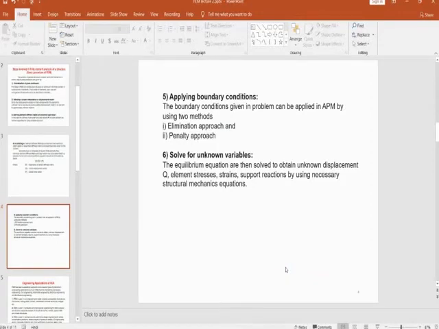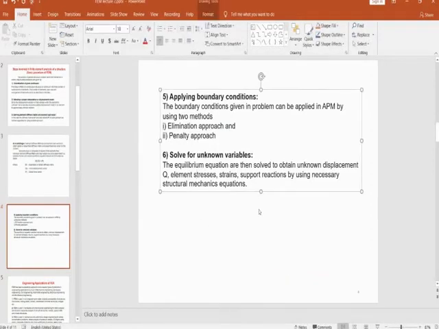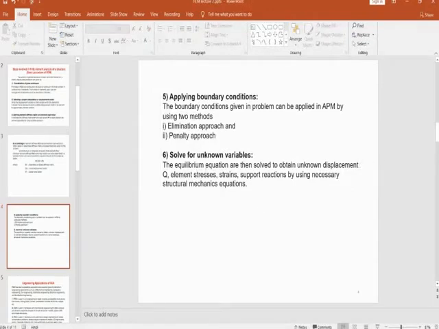Those will be found in the sixth step, that is the last step. That is the unknown displacement Q. Once you find the unknown displacement Q, you can easily find stresses and strains. Q means the unknown displacement, that is nothing but your deflection delta L. Delta L is equal to PL by A, you know.